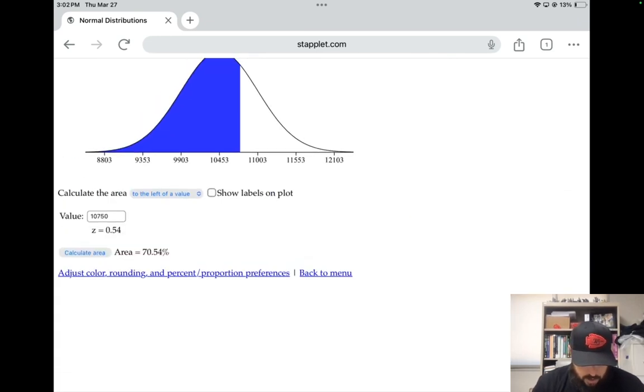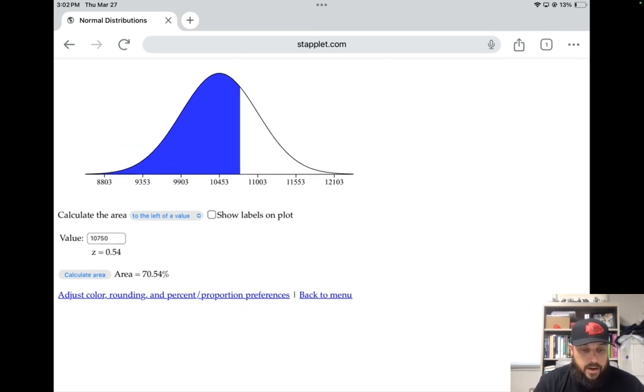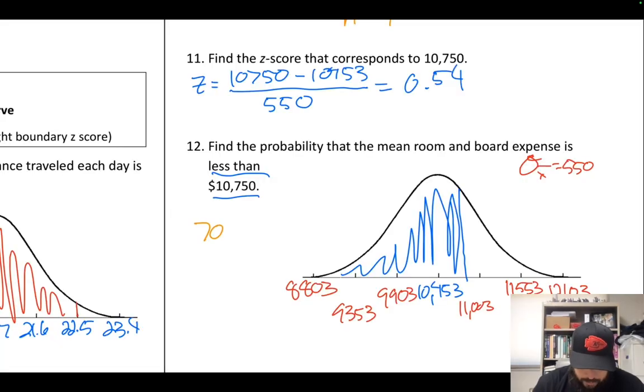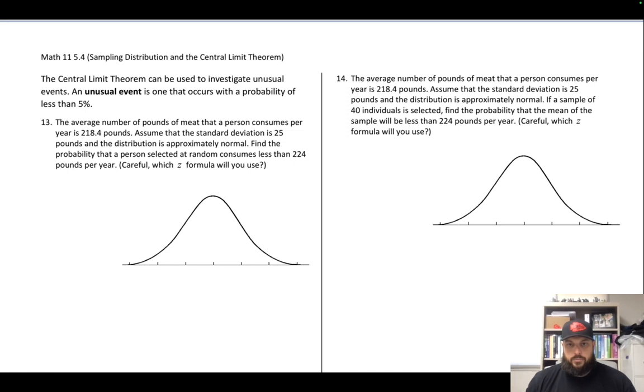We'll calculate that area. It shows our z-score of 0.54 and an area of 70.54%. 70.54% is the probability that a given college mean room and board expense is less than 10,750. All right, go and try these two problems on your own.